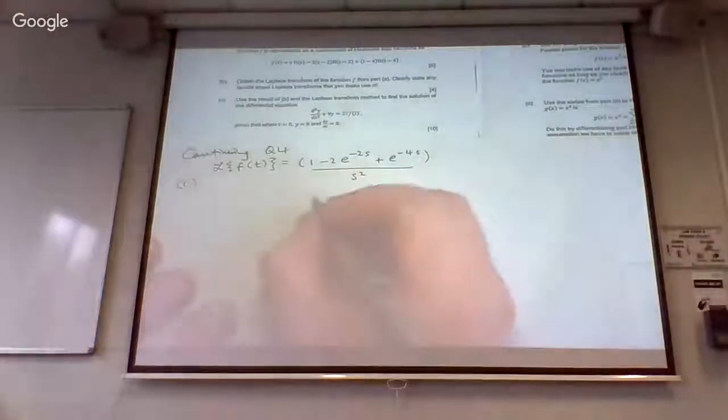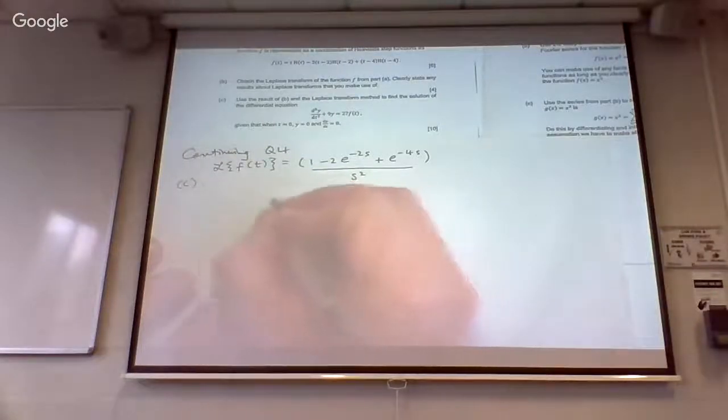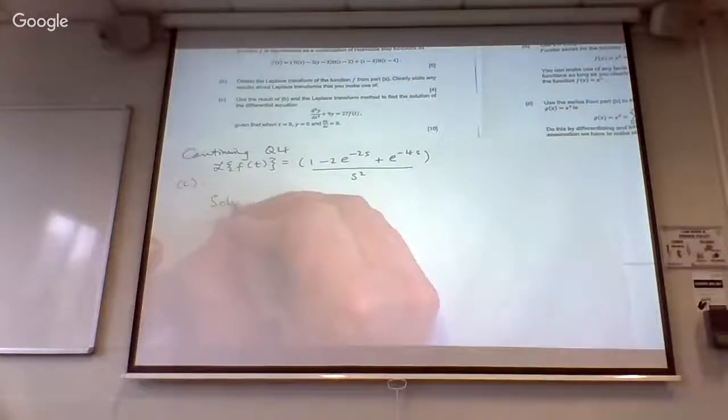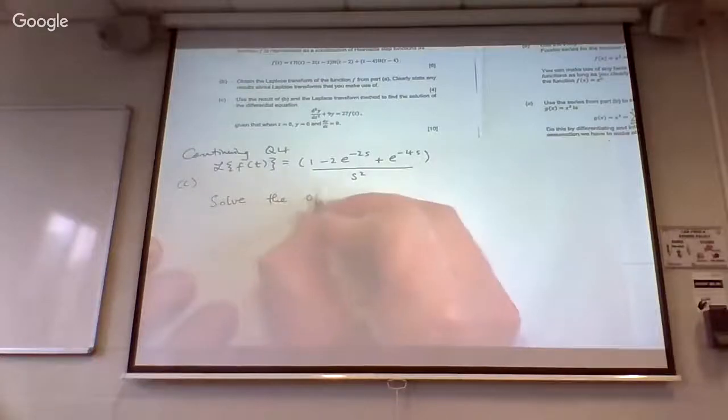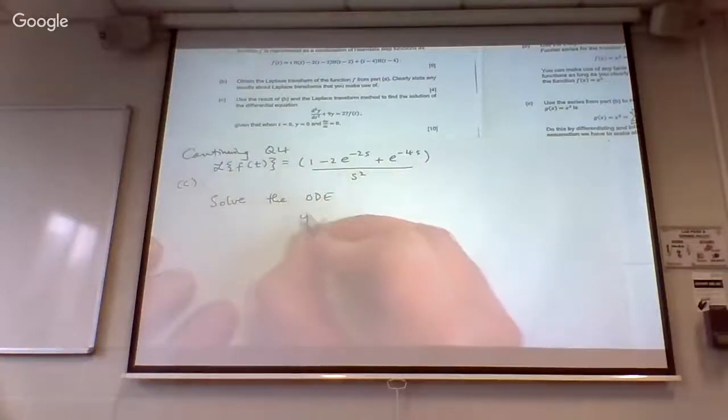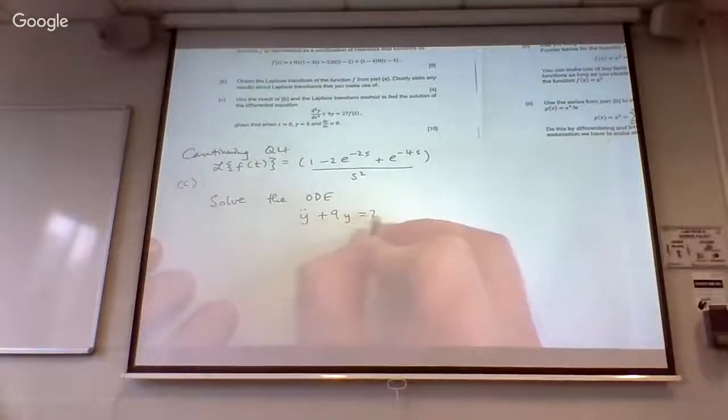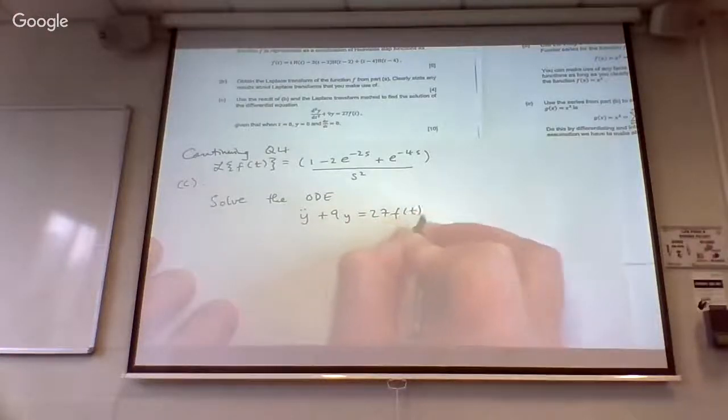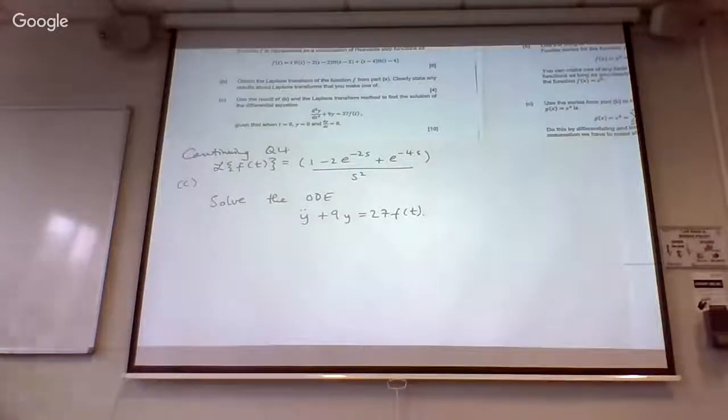So part C, we need to solve the ODE. We solve this ODE subject to the 0 initial conditions on the function and its derivative.